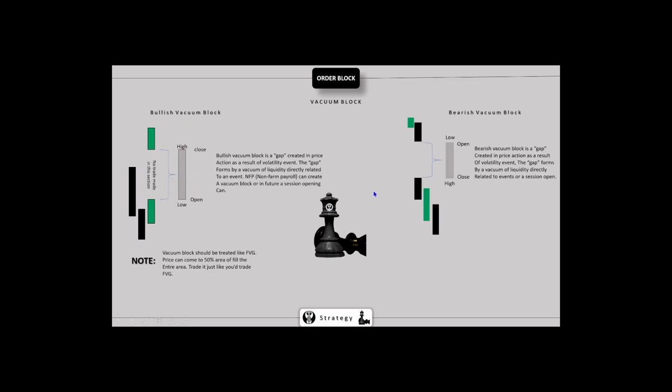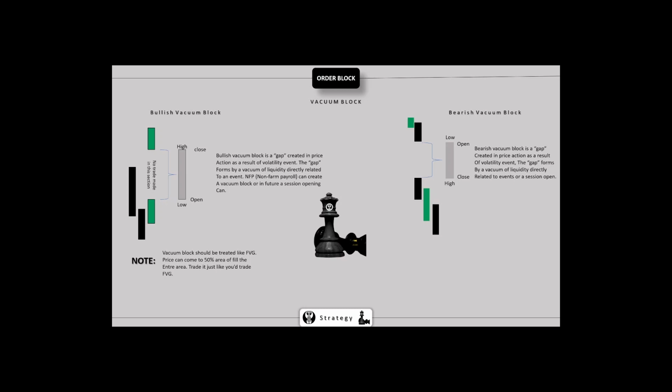Okay, we have our last concept on the topic of order blocks, and it's called the vacuum blocks. In the vacuum blocks, we also have the bullish and the bearish vacuum blocks. These vacuum blocks occur in major events, and they can also occur when the session opening is occurring on Sunday.